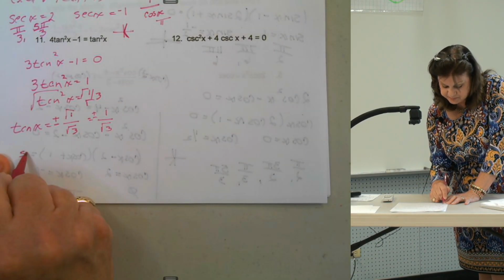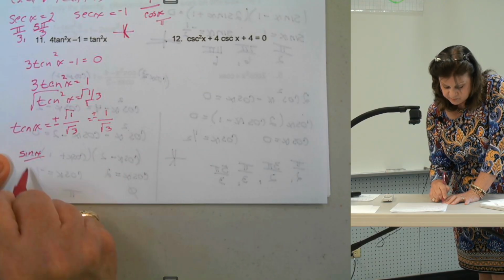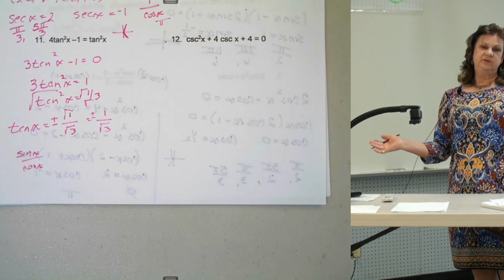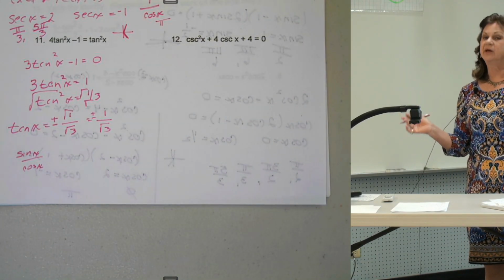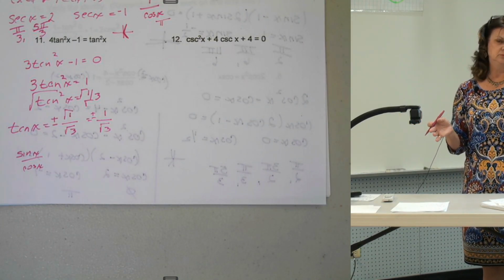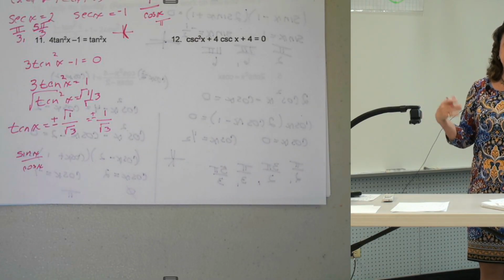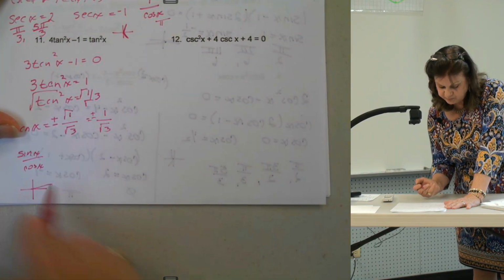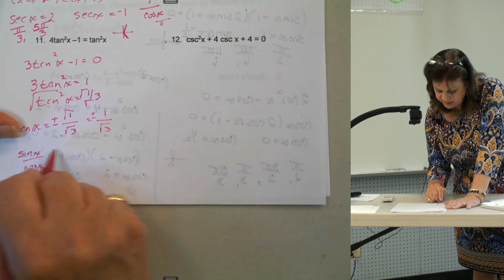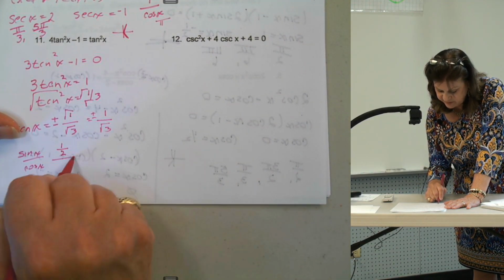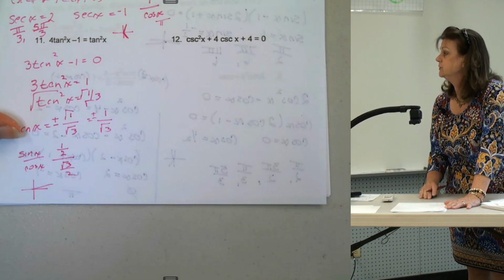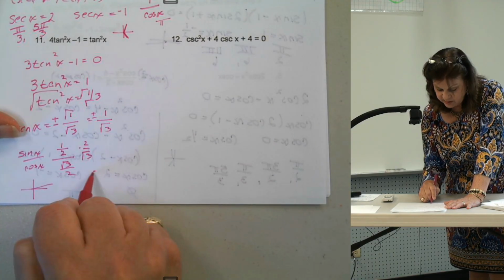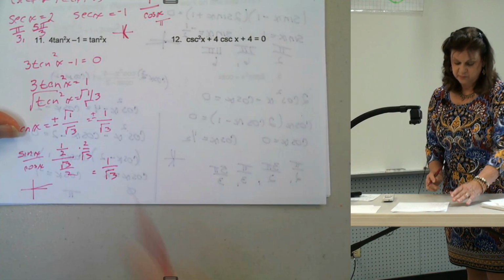Tangent is sine over cosine, right? Now, obviously the quadrantal angles aren't going to even be considered, and neither is pi over 4, because of the square root of 2 over 2 and square root of 2 over 2. So let's just start at pi over 6. And at pi over 6, I have 1/2 divided by square root of 3 over 2. And there we have our winner.